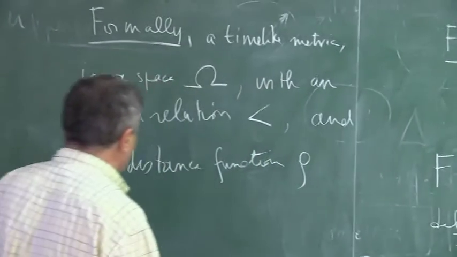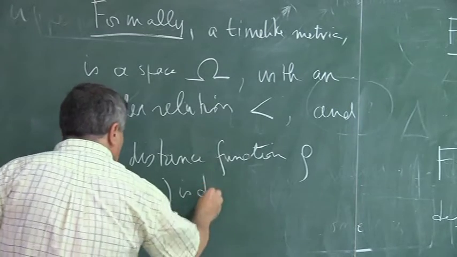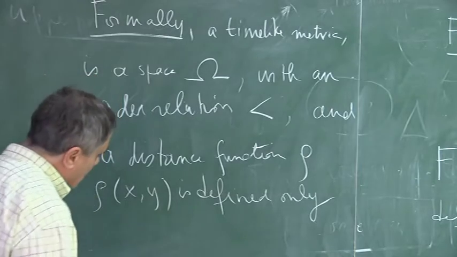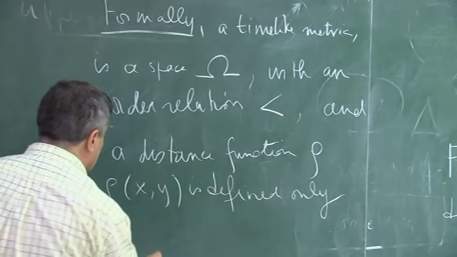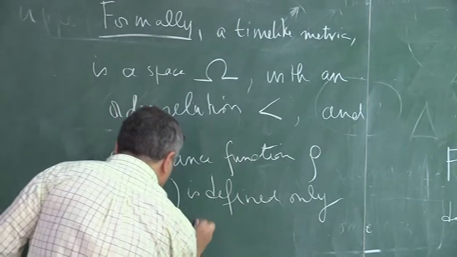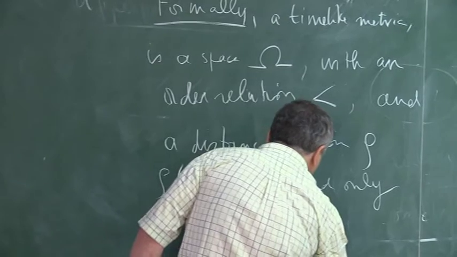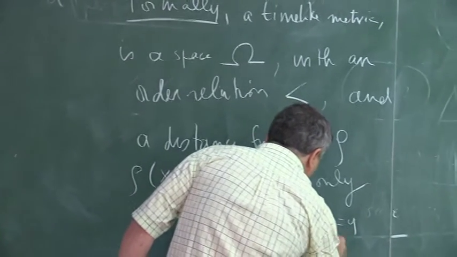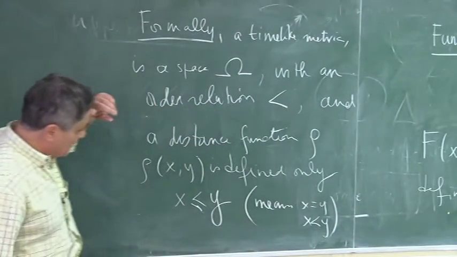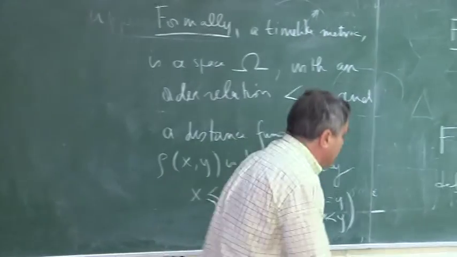So this is rho, where rho is defined if and only if x is less or equal to y, and this means either x is equal to y or x is less than y with respect to this order relation.